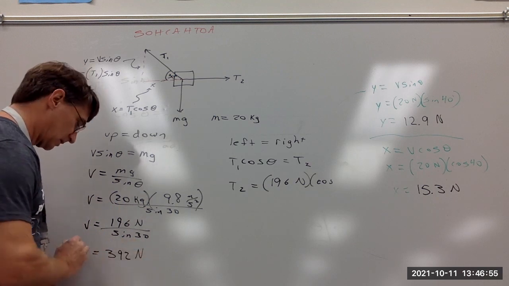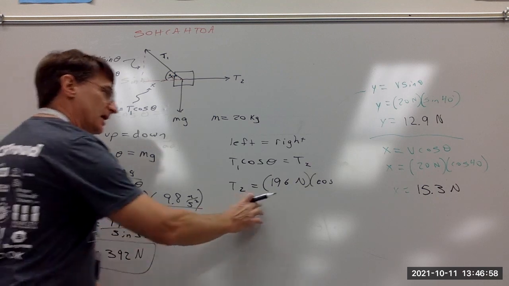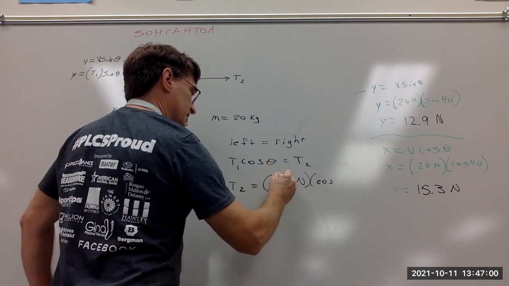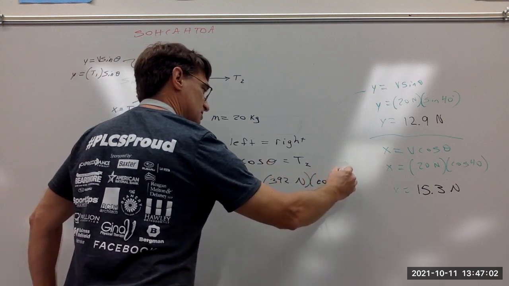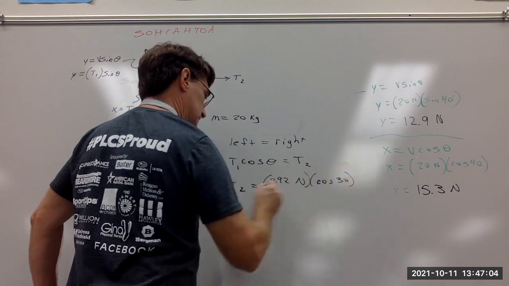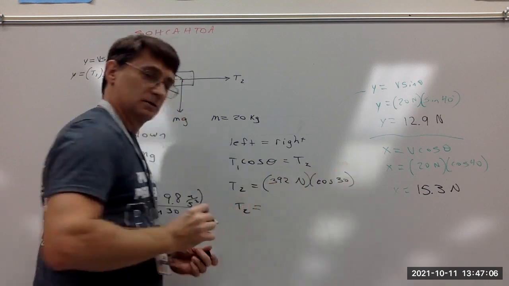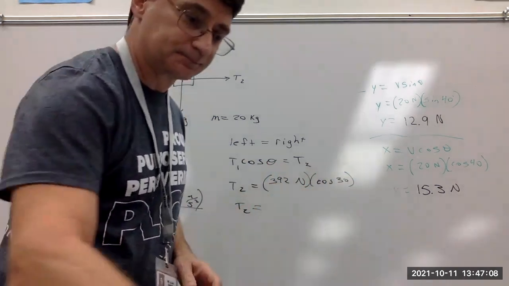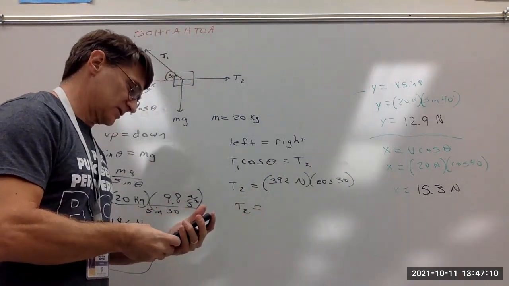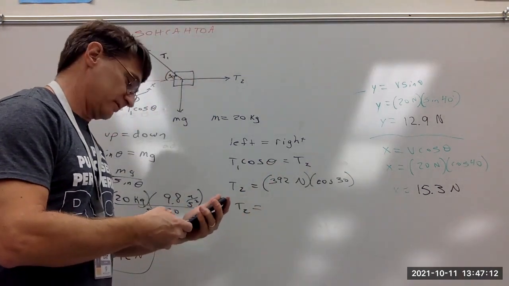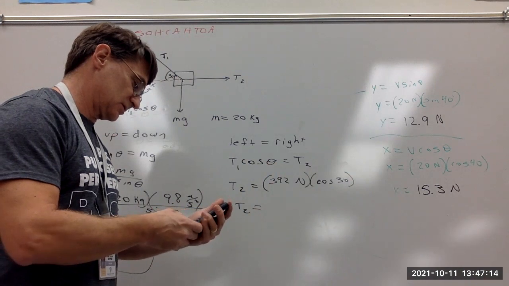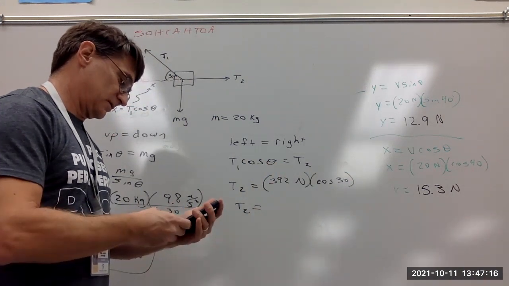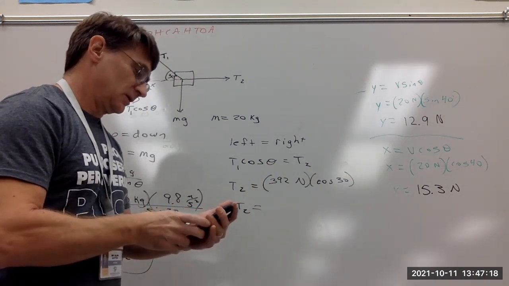I think I did. Now I can come back here, and I've got 392 newtons times a cosine of 30. That one I can't do in my head. I know the cosine of 30, but I can't multiply it by 392. 392 times cosine of 30 is 339.